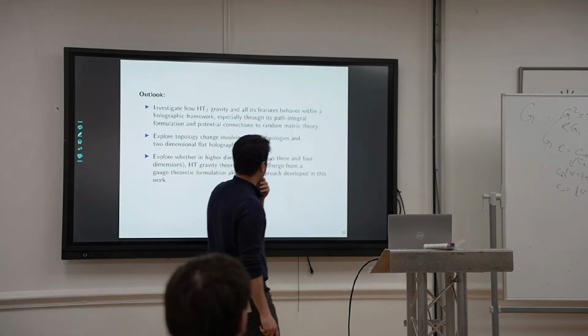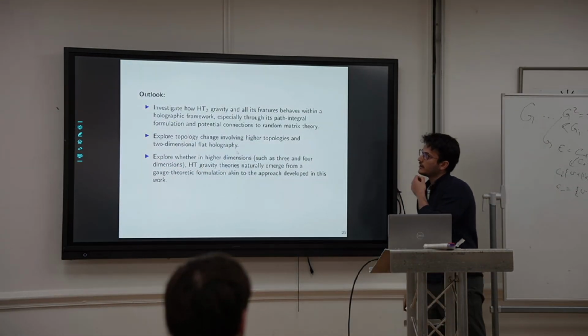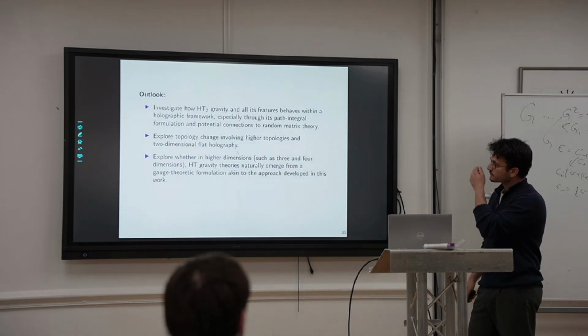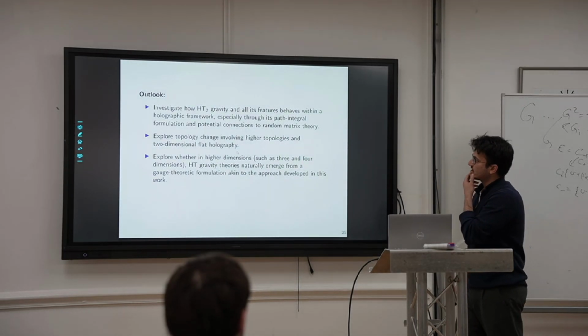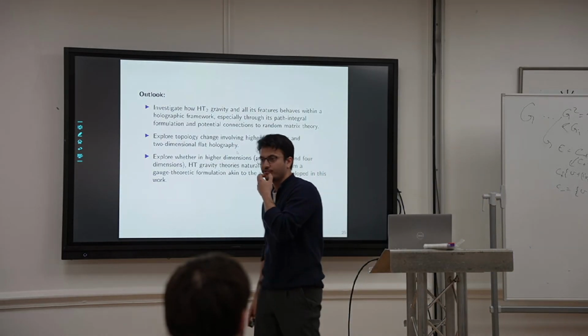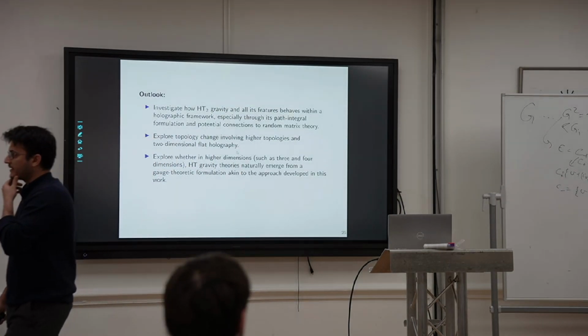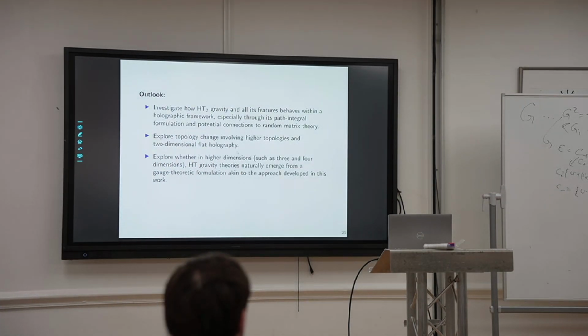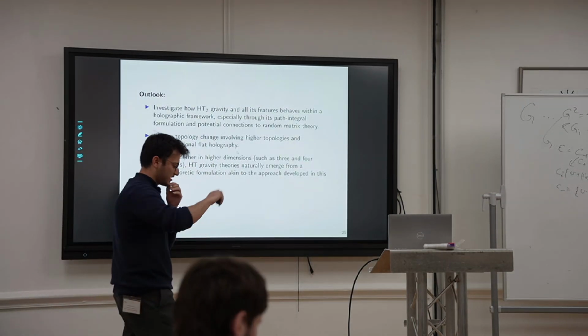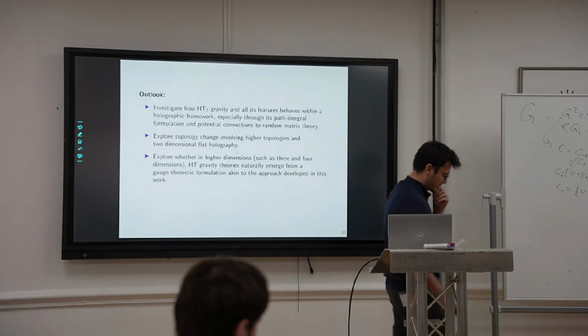And some outlooks. What we are doing now is looking for the connections between HT2 and holography, how it arises. I said before that you have the CGHS model viewed as a complex SYK, and there are results on that.